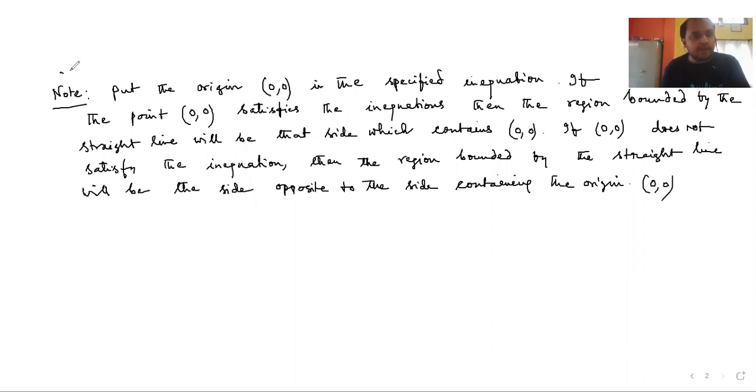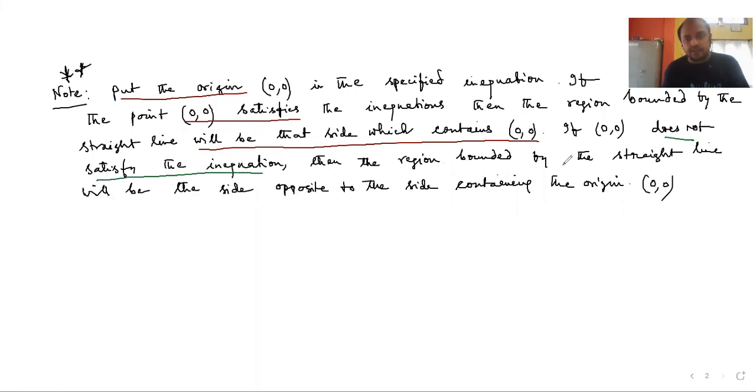It's a very important point. I'm giving you 1 minute to copy it. I'm marking some interesting point over here. Put the origin in the specified inequation. If the point 0, 0 satisfies the inequation, then the region bounded by the straight line will be that side which contains 0, 0. If 0, 0 does not satisfy the inequation, then the region bounded by the straight line will be the side opposite to the side containing the origin 0, 0.